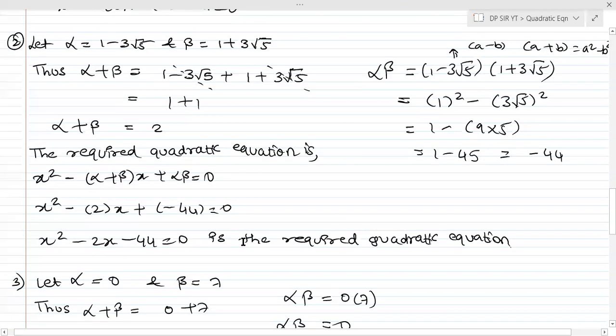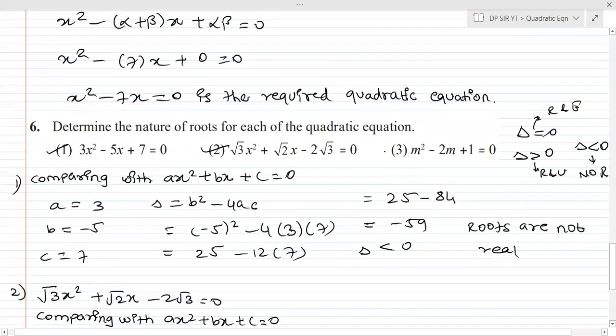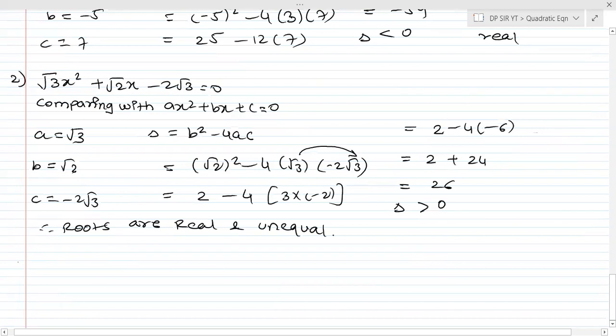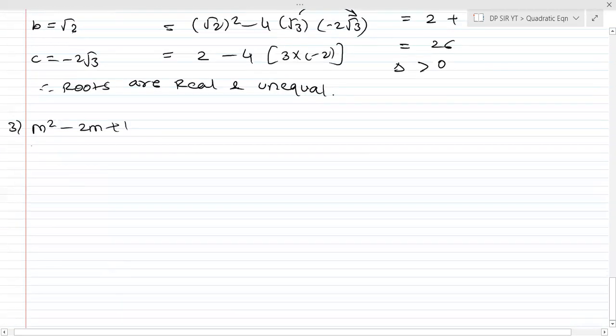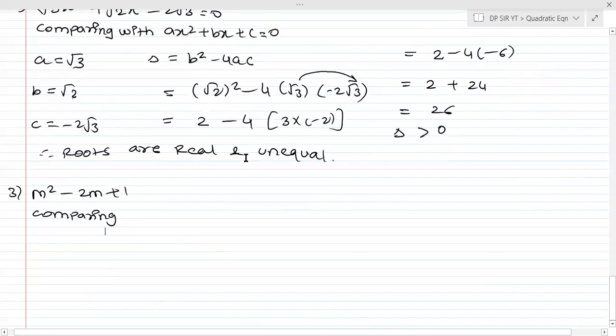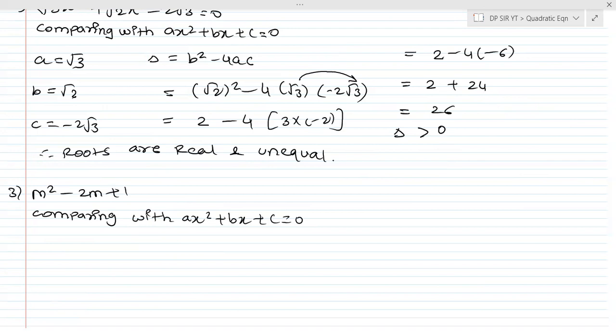Last question for the day. That is main question number 3rd. M square minus 2m plus 1. Comparing with, I hope I have copied the question rightly, वरना तो इधर ही wrong हो जाएगा. M square minus 2m plus 1. Yes. Comparing with ax square plus bx plus c is equal to 0.